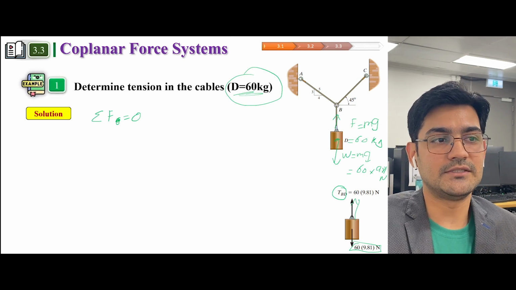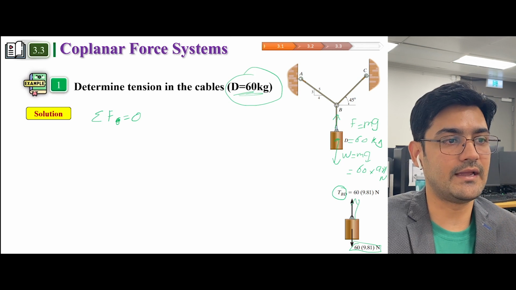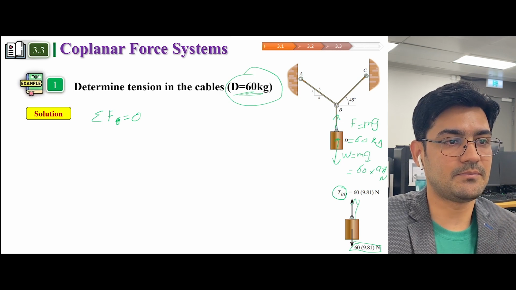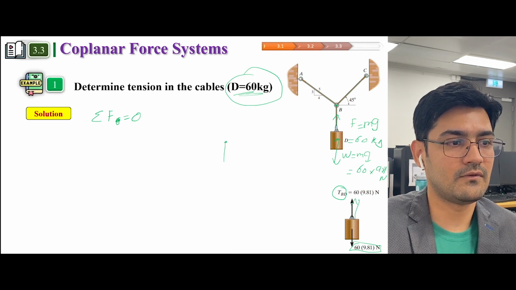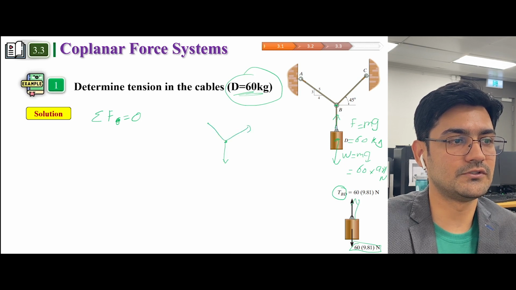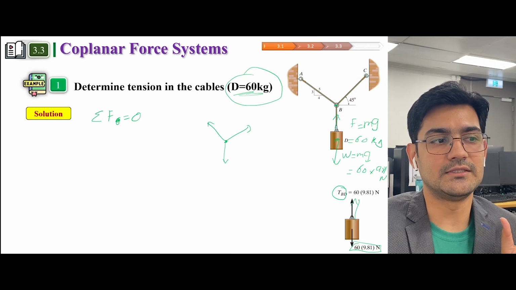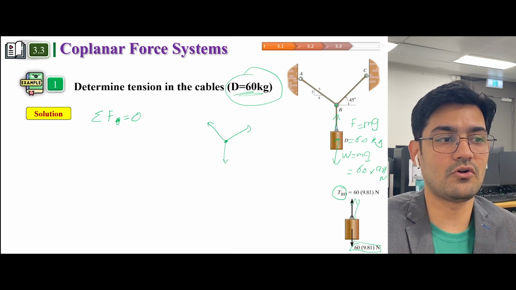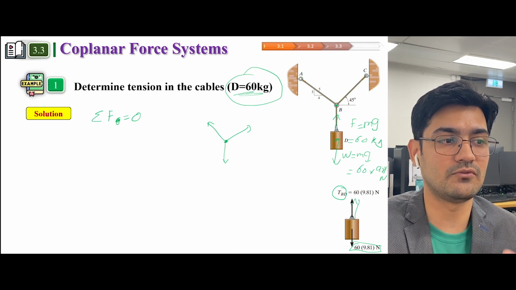Now you can imagine you have three forces, and let's first draw the free body diagram. So let's say this is the particle, and you have force 1, force 2, force 3. The first step was to isolate the particle. We isolated the particle. The second step was to draw all the forces which we know. We know there are three cables, so we have drawn three forces.